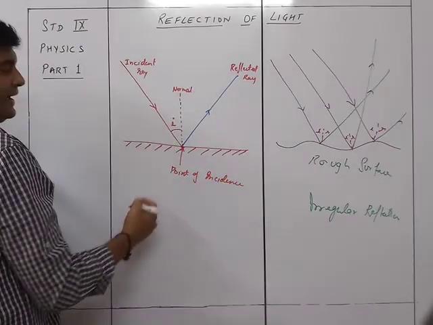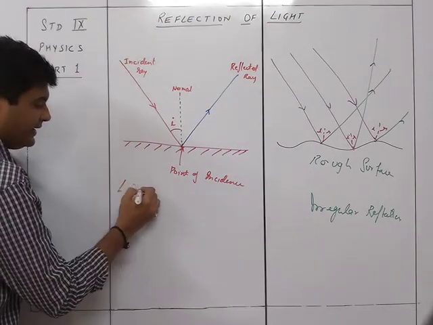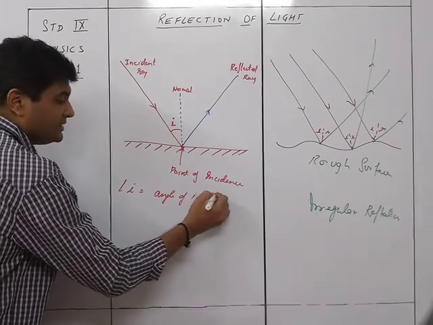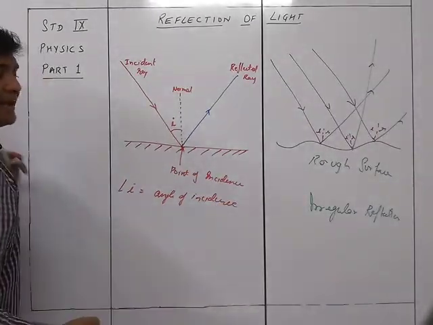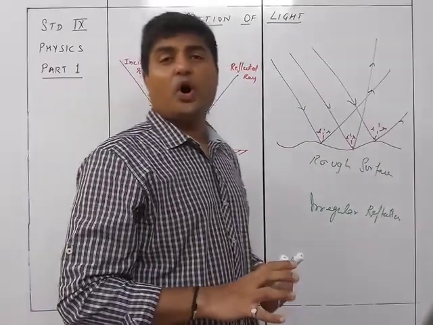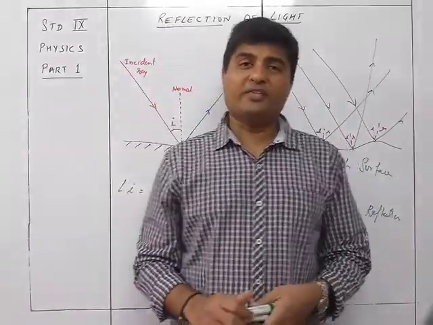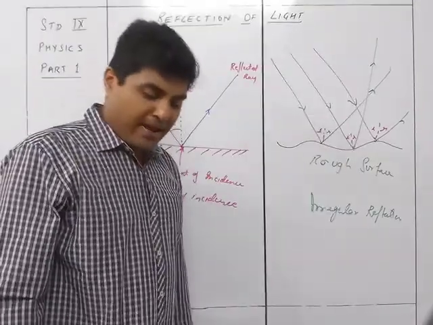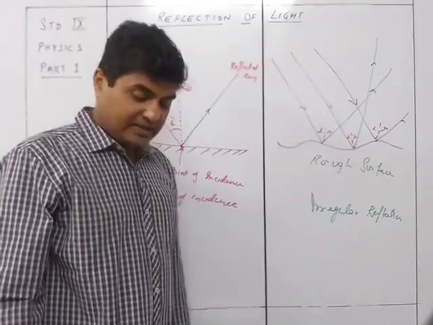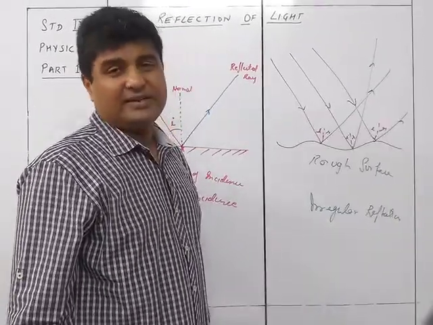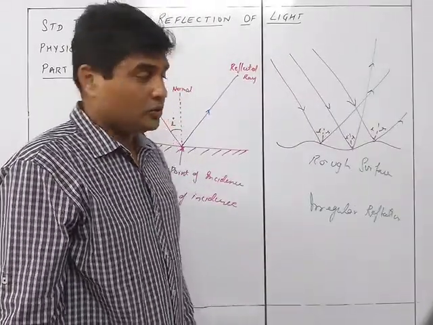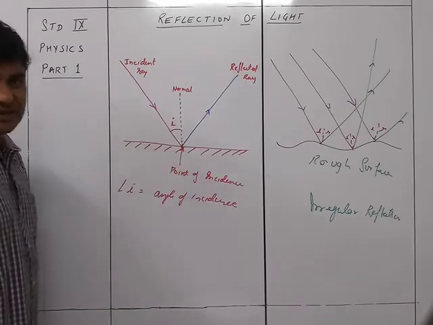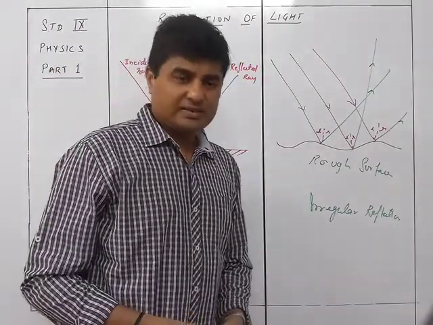Now we move to I, which is the angle of incidence. That is the angle between the normal and the incident ray at the point of incidence. It is denoted by the letter I.